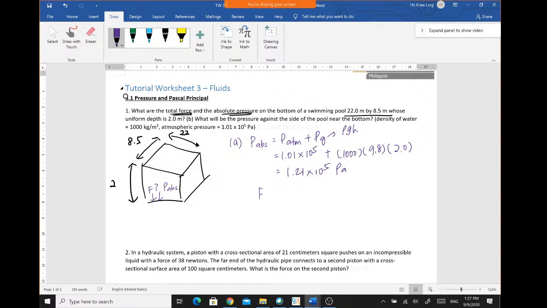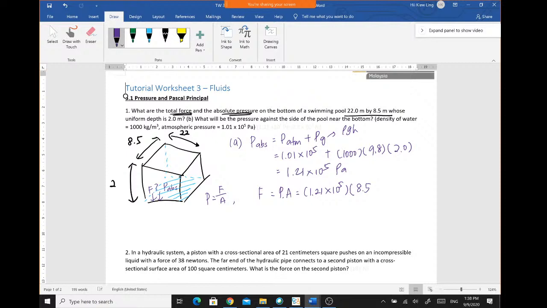So what is the force? From pressure equals force over area, force equals pressure times area. Your absolute pressure is 1.21 times 10 to the power of 5. The area is this, the dotted line, so this part is the total area.